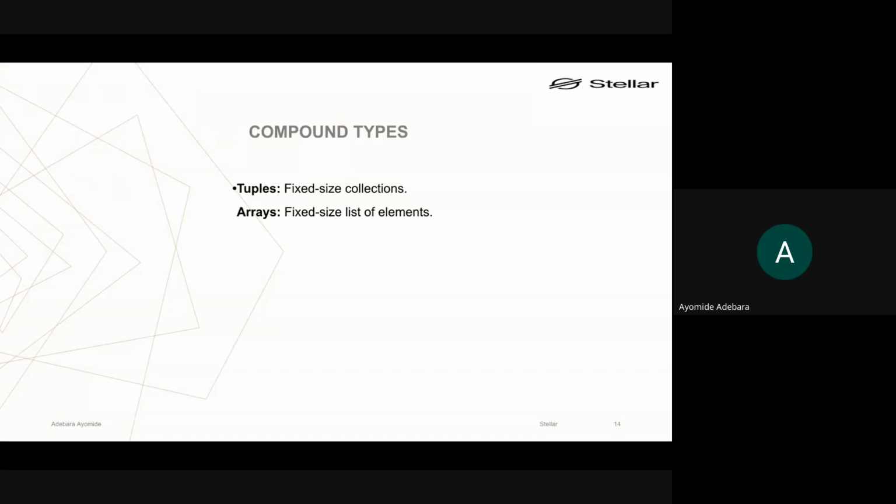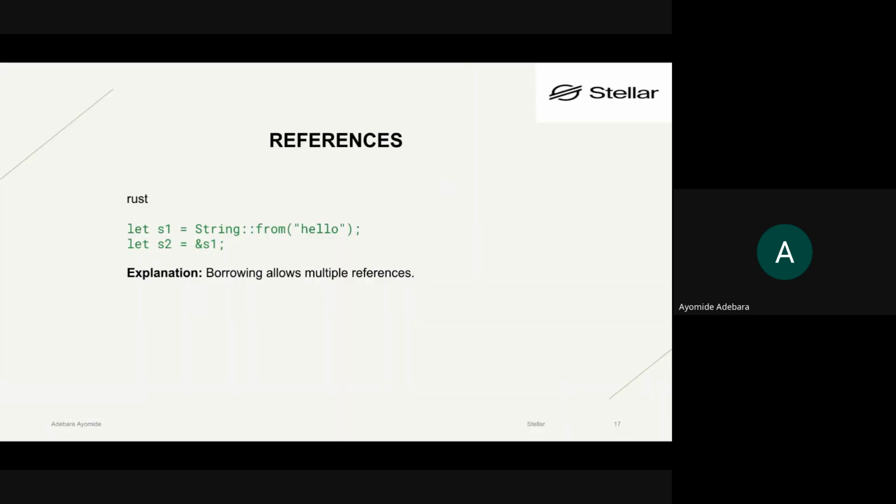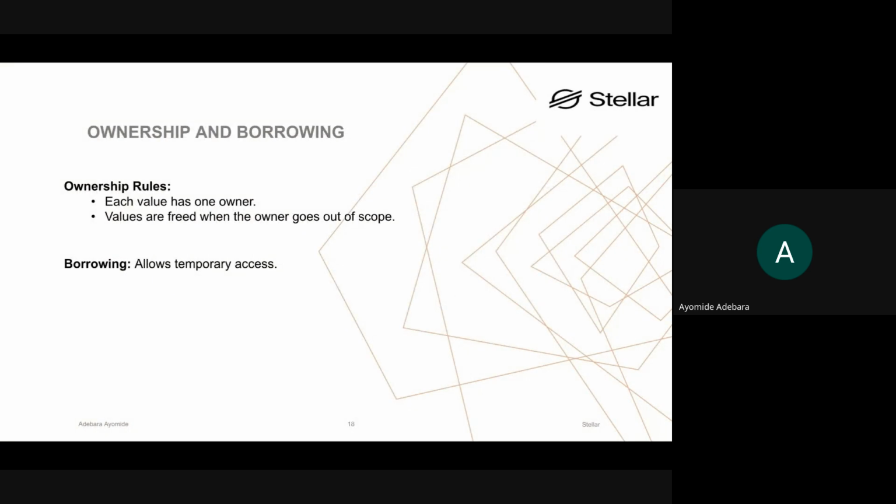But majorly, today's class will focus on the compound types, tuples and arrays, and then referencing. From that, we talk of ownership and borrowing. Although we will not go so deeply into ownership and borrowing, it will be knowledge for us to hold until we get into the main topic about ownership and borrowing.